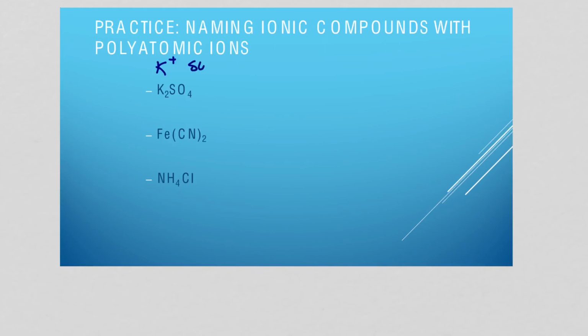And it's SO4 2 minus. So we have potassium, right? Potassium is always positive one, so we don't need the Roman numeral. And the SO4 2 minus, right? That is the sulfate ion. So this compound becomes potassium sulfate.